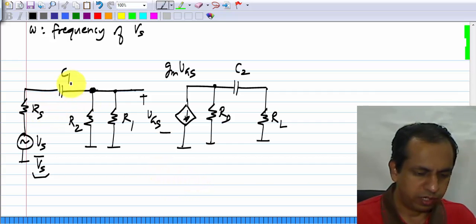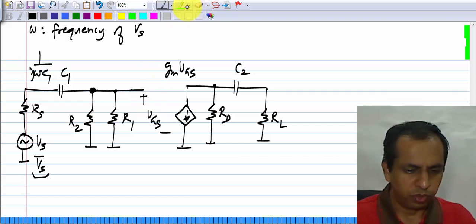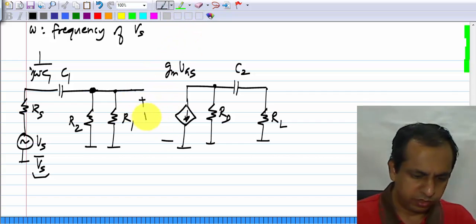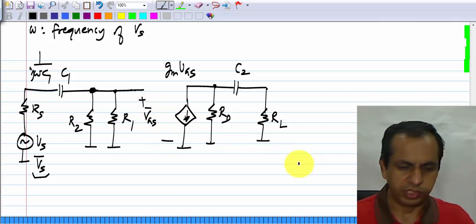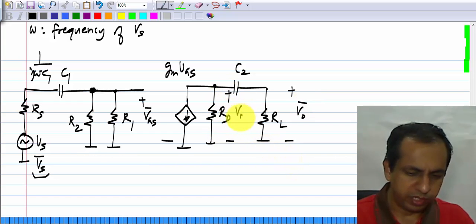And we have Rs. The C1 will be an impedance 1 by j omega C1, and this voltage here, Vgs, again I will represent it as a phasor. The output voltage here is Vo, and we will also need this voltage later, which I will call Vd.